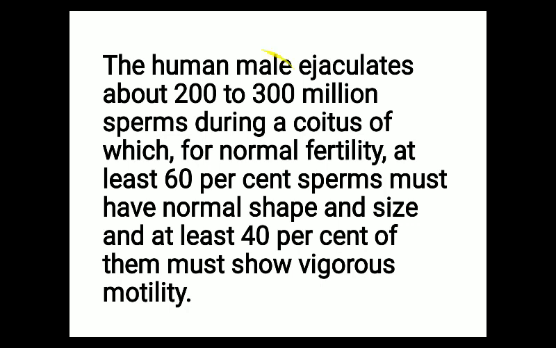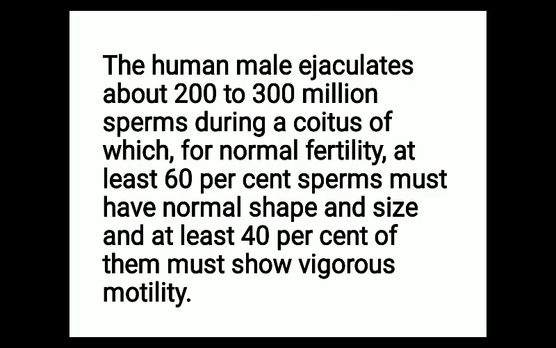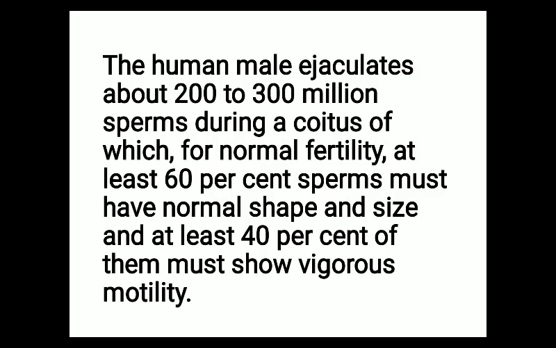So around 200 to 300 million sperms are produced during coitus, and for normal fertility at least 60% of the sperms must have normal shape and size, and out of those, at least 40% must show vigorous motility. Only then can fertilization occur, or we can say that couple can produce children.